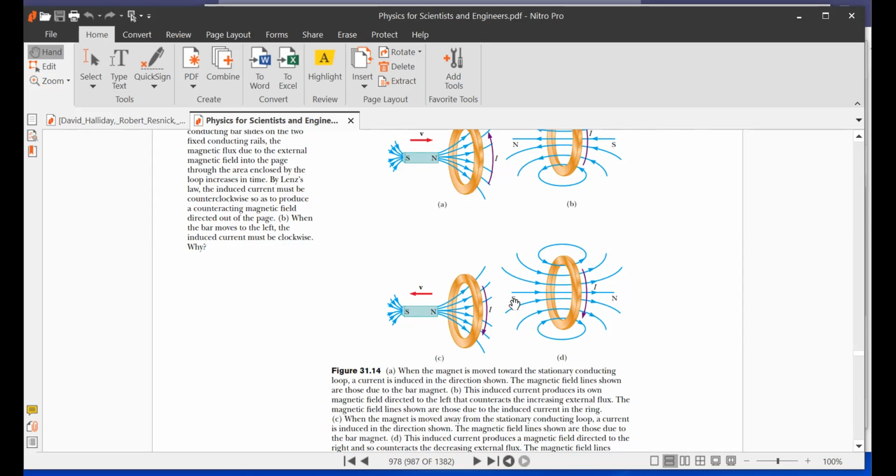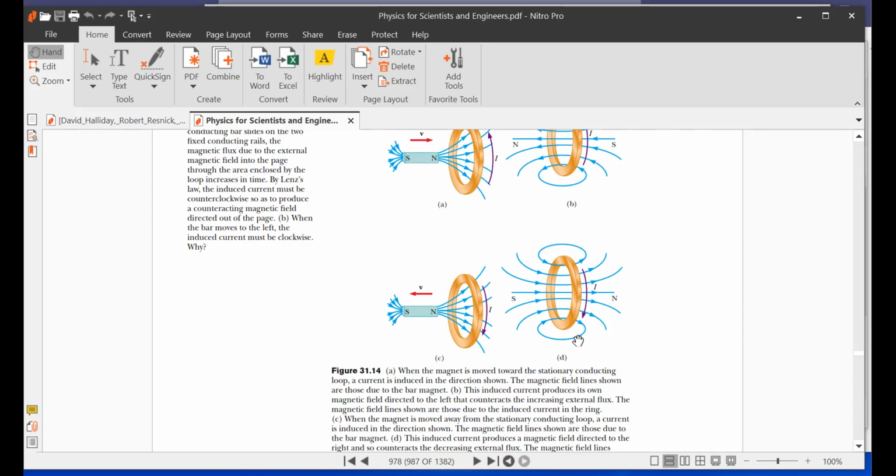And as I said last week, if this is the case, then the induced electric field is somehow not repelling, but attracting the magnetic rod that has been moved away from the ring.